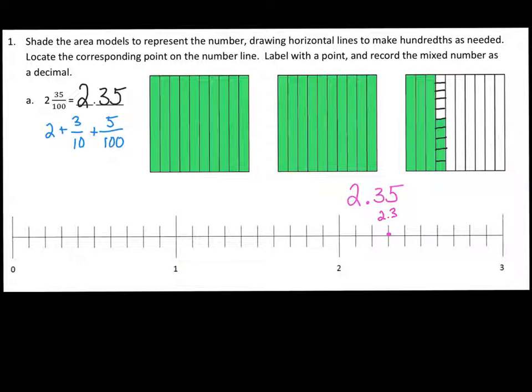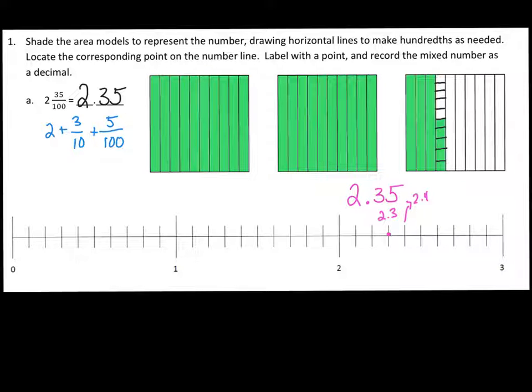But we're not quite to 2 and 4/10. We are in between that, because this next one right here is going to be 2 and 4/10. So we know that we're going to be in between 2 and 3/10 and 2 and 4/10.